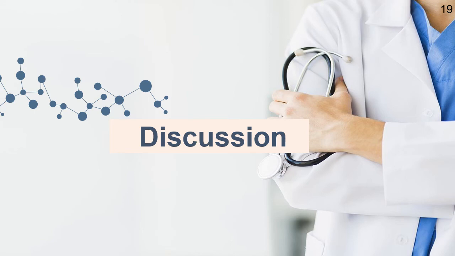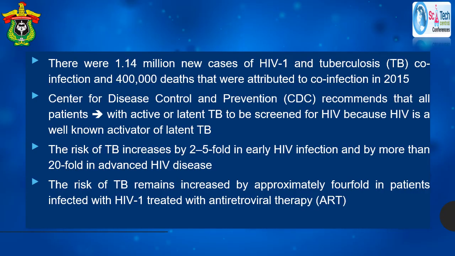Discussion: there were 1.14 million new cases of HIV and TB co-infection, and 400,000 deaths were attributed to co-infection in 2015. CDC recommends that all patients with active or latent TB be screened for HIV because HIV is a well-known activator of latent TB.